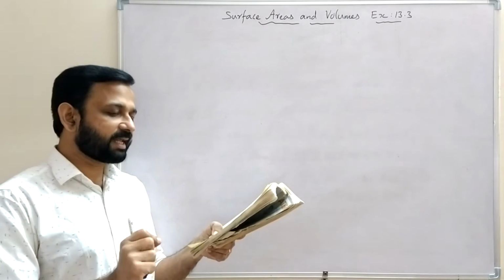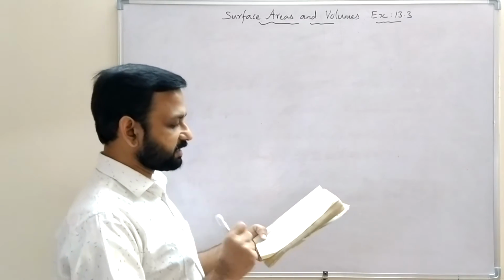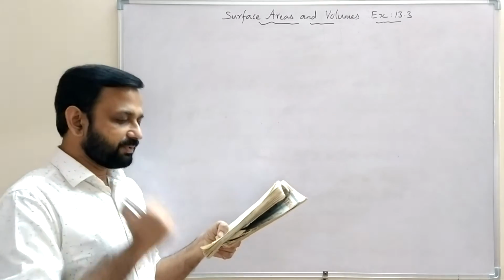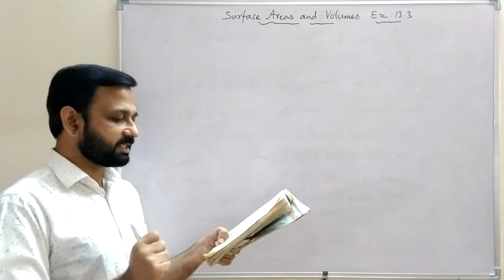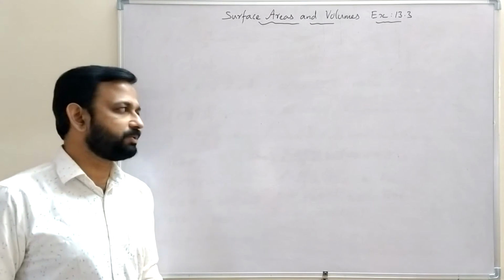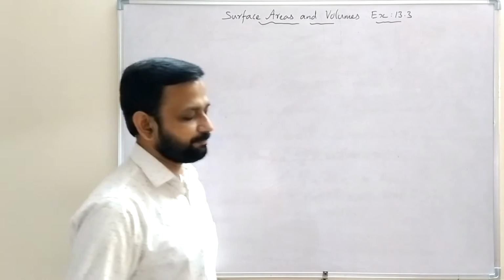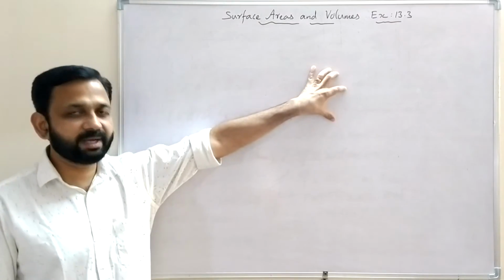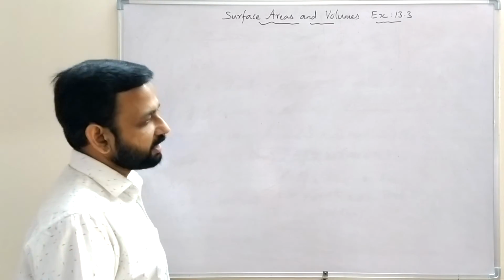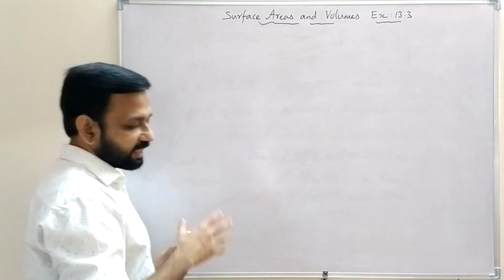Assume that the extra length of material that will be required for stitching, margins and wastage in cutting is approximately 20 centimeter, and in bracket it is given the value of pi 3.14. So we need to use pi 3.14, not 22 by 7. So we will replace pi by 3.14 in this question. And here our question is the length of the tarpaulin used to make that tent.